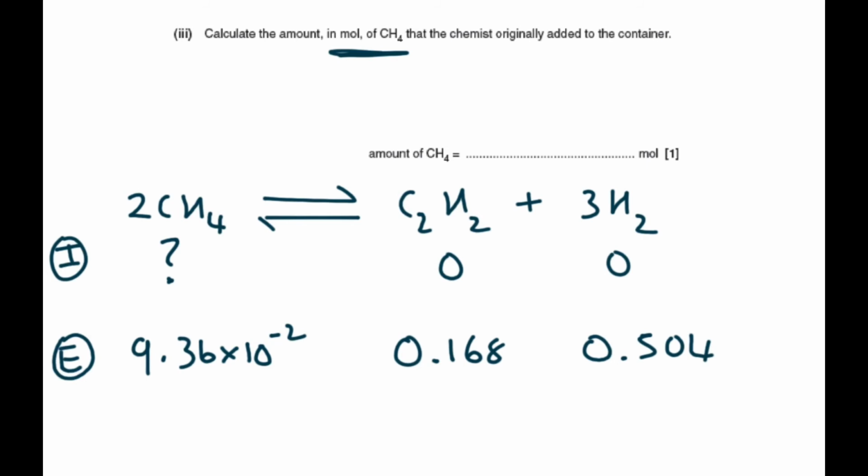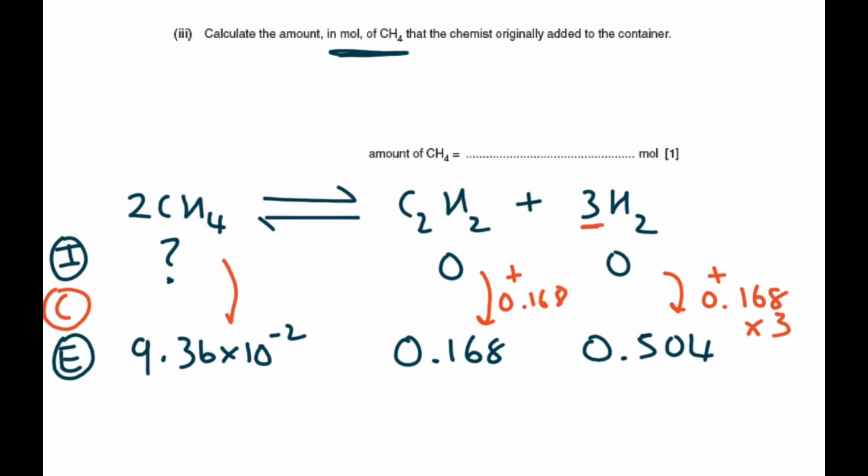Okay, and the change. So we know that the change is plus 0.168. The change here is plus 0.168 times 3, because there's 3 of them. The change here must be minus, because if it's made on one side, it's used up on the other side, minus 0.168. But there's a 2, so we need to times by 2.